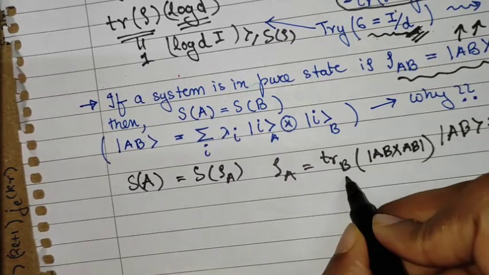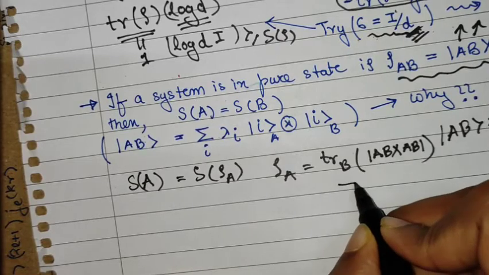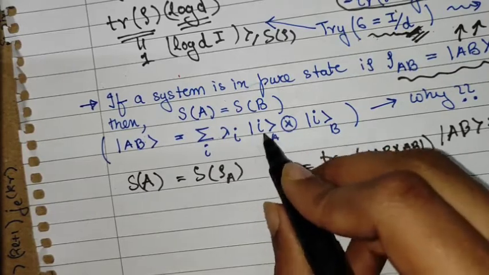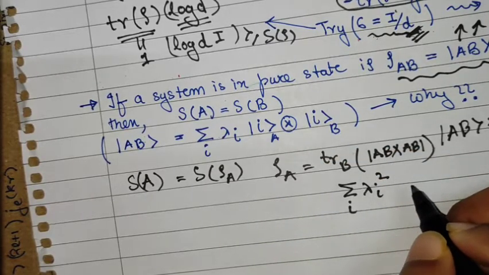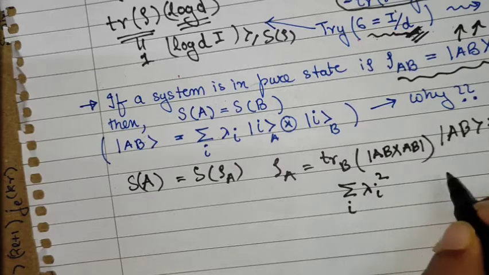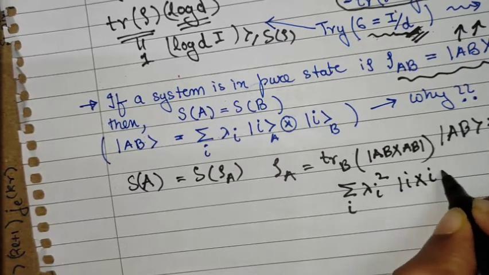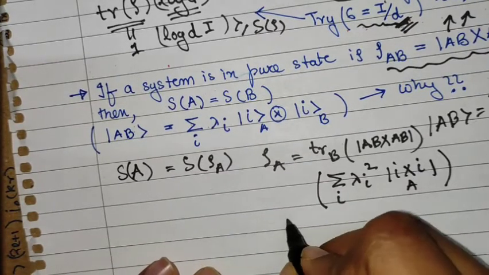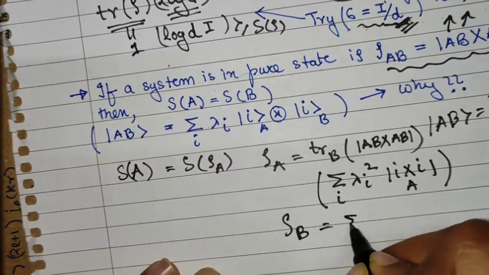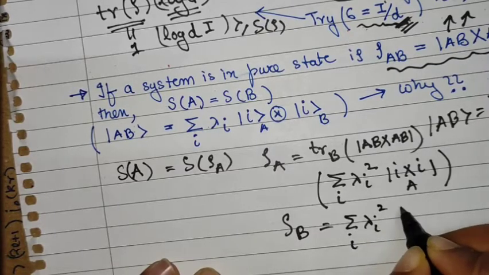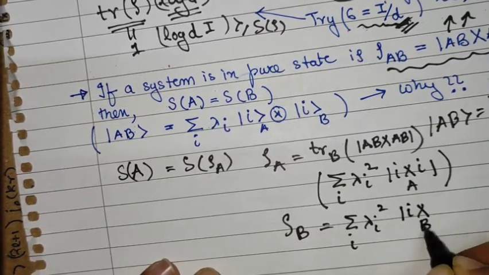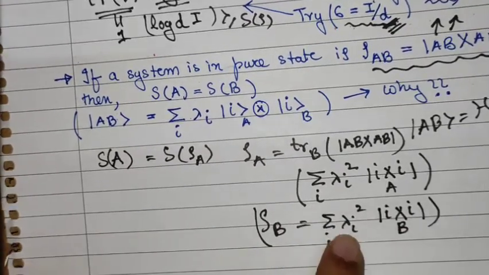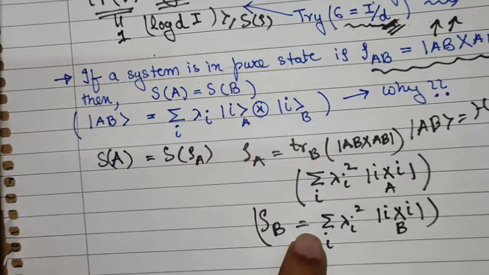What it should give us is a summation over i of lambda i squared. There will be an orthogonality that will kill the j part, and what I will get is |i><i| on A. This is rho A. Similarly, rho B is the summation over i of lambda i squared |i><i| on B. Now I have rho A and I have rho B.